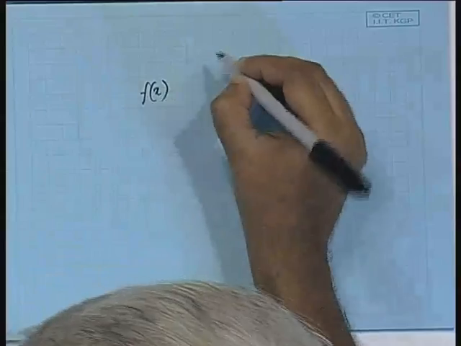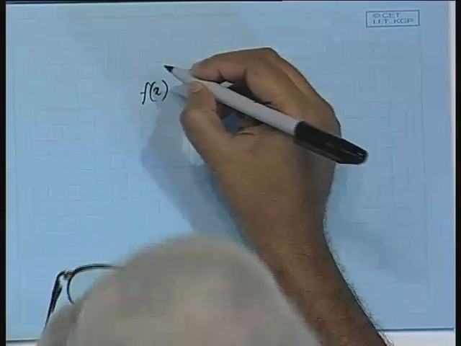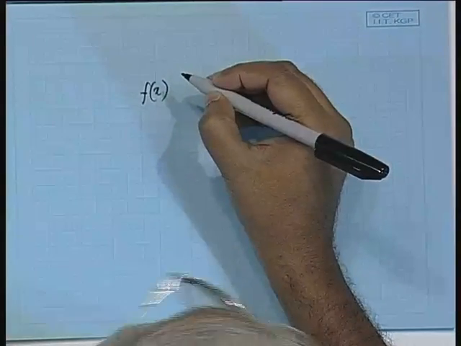Let us first develop the theory with a one dimensional signal, and then its two dimensional extension will be quite logical. So, let us say we have a function f x, defined in the real space.